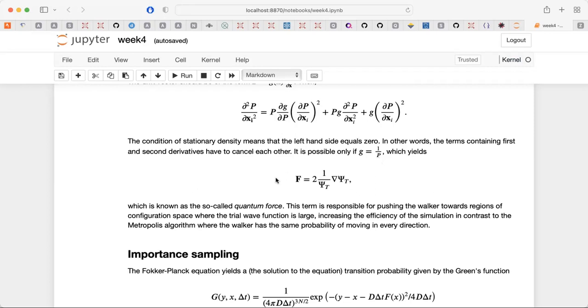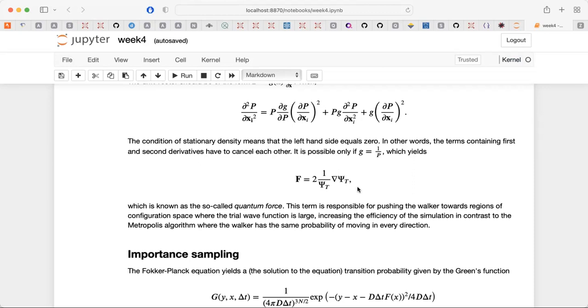And that leads to this object F, which in classical diffusion is meant to represent some kind of drift force, which lets the particles or the objects drift in a specific direction. In our case, this is going to be called the quantum force. We have already calculated the gradient of this object when we needed the kinetic energy, so we have an expression for it.